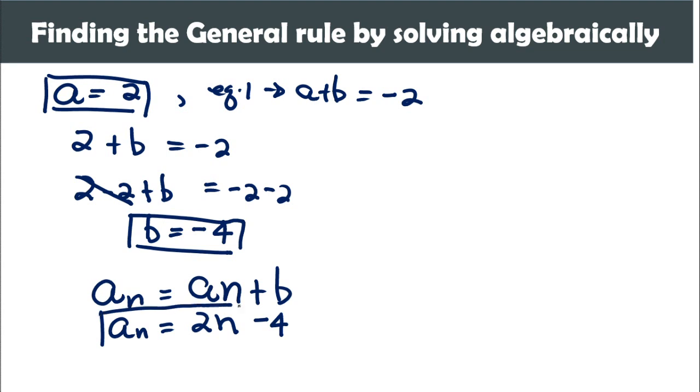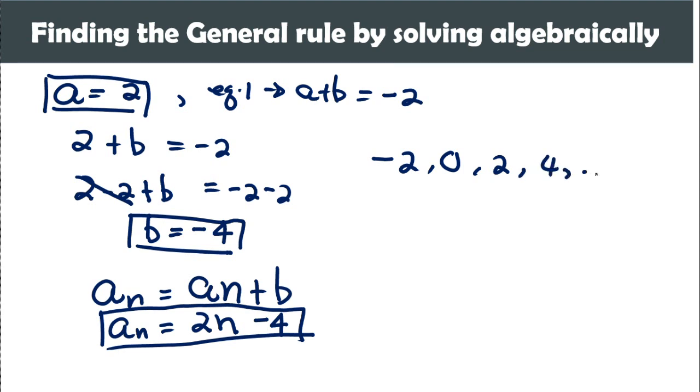This is our final answer. This is the general form of the terms negative 2, 0, 2, 4, and so on. So this is the general rule of this sequence. So this is our final answer.